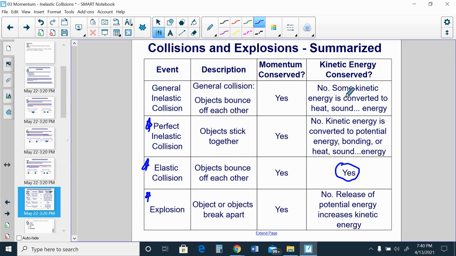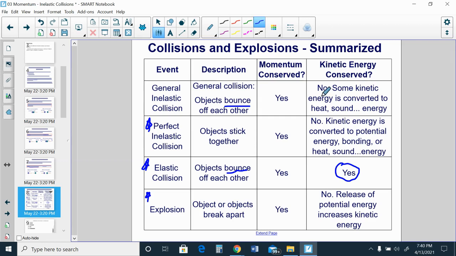Here, you do have objects bouncing off each other. You'll notice for each one, there is a bounce. However, the key difference is that in an elastic collision, kinetic energy is conserved. In a general inelastic collision, kinetic energy is not conserved. Some of it is converted to other forms.